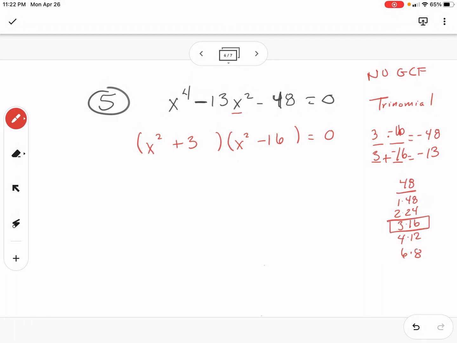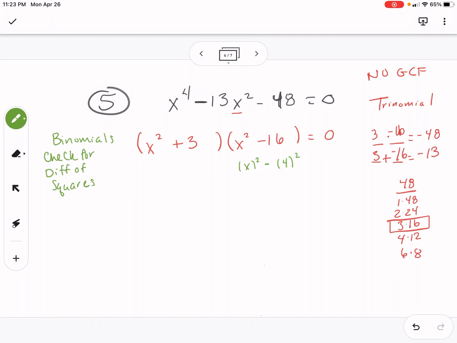And now I'm going to look within each of these parentheses and see if they can be factored further. Now they're binomials. Remember, when they're binomials, you look for difference of squares. The first parentheses I already noticed is addition, so it's not a difference, but the second one is. So that can be rewritten as x squared minus 16, and 16 is actually 4 squared.